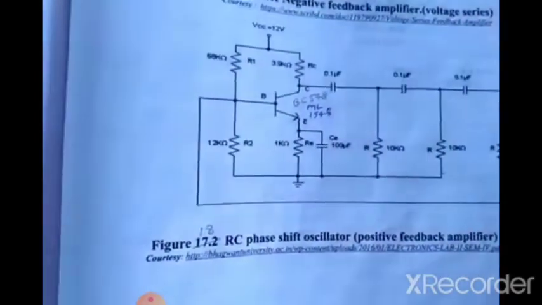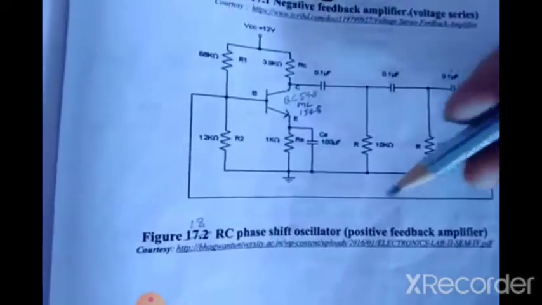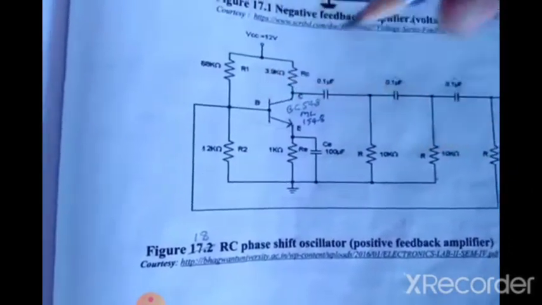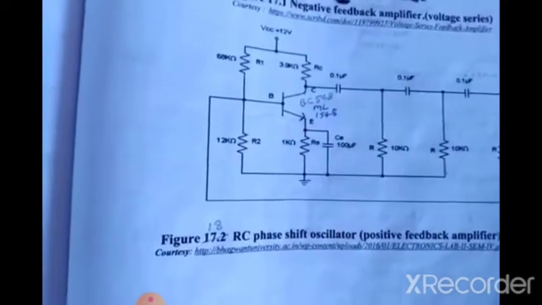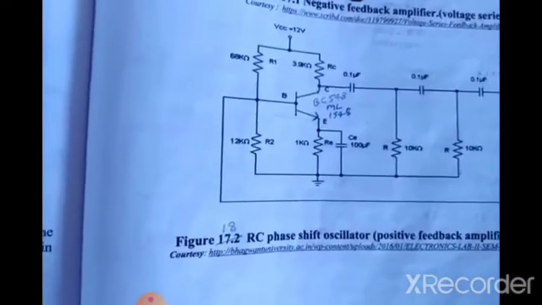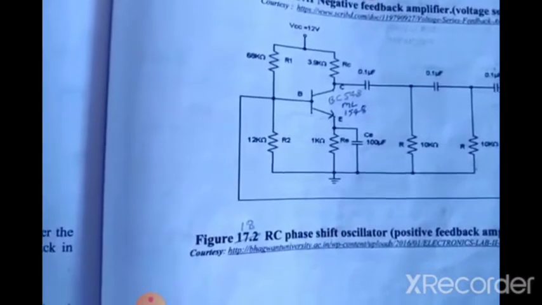Some part of the output has been taken back to the input side. So this is the feedback signal. If the feedback signal is in phase with the input signal, then it is called a positive feedback amplifier. With positive feedback, it increases the gain of the amplifier and produces excessive distortion.